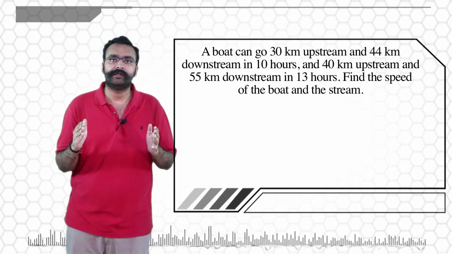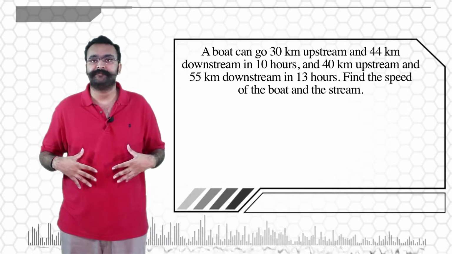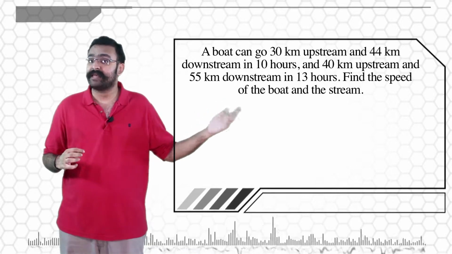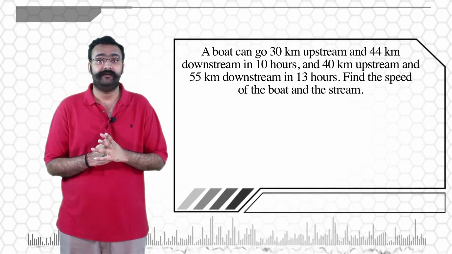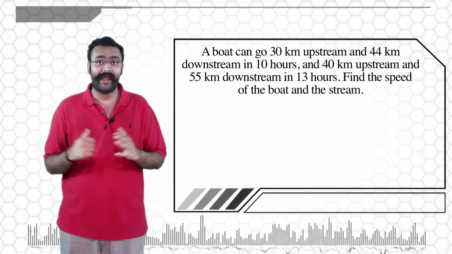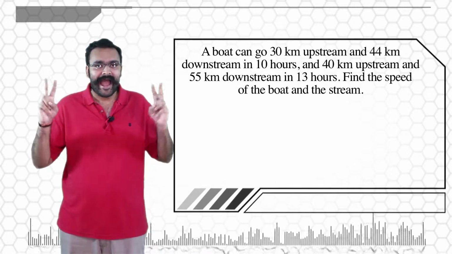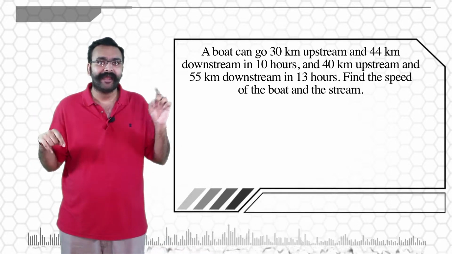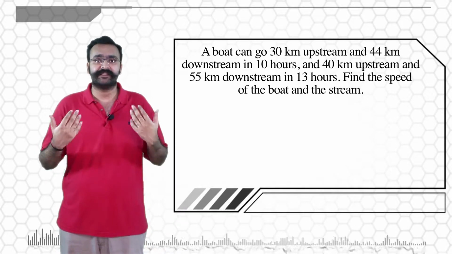Now, if I am a boat and I am traveling upstream, I have some speed. Let's say that the speed of the boat is x. The stream has some speed. Let's say that it is y. So when I'm going upstream, my actual speed will be x minus y because the stream is pushing against me. It's slowing me down.